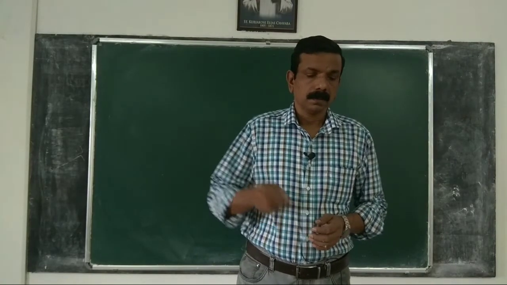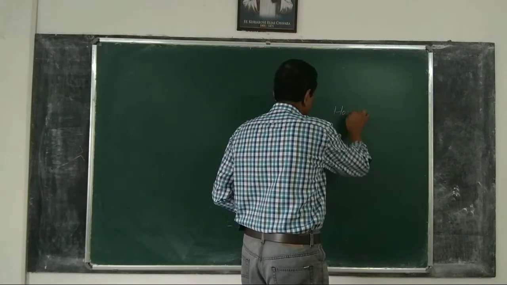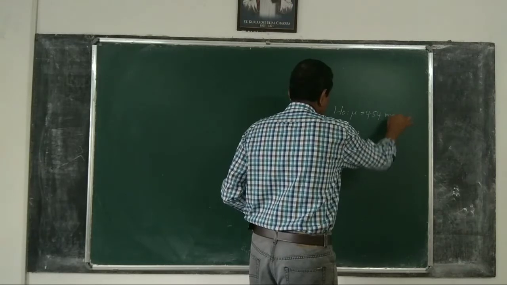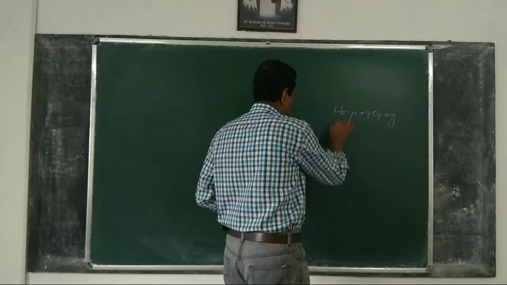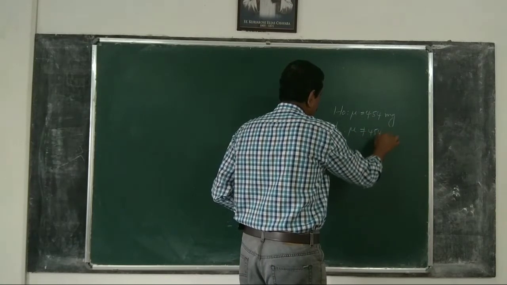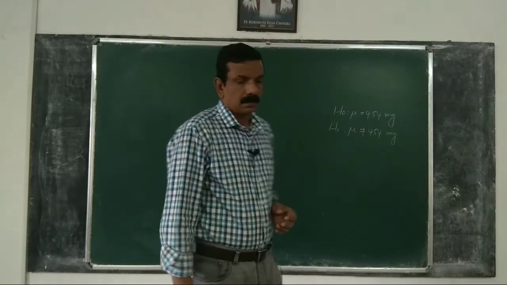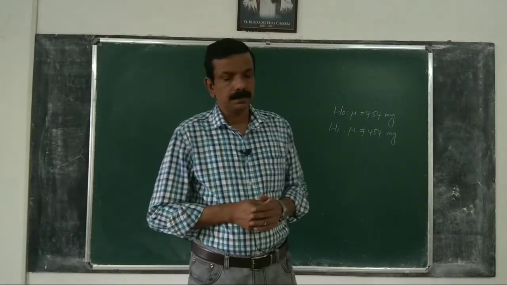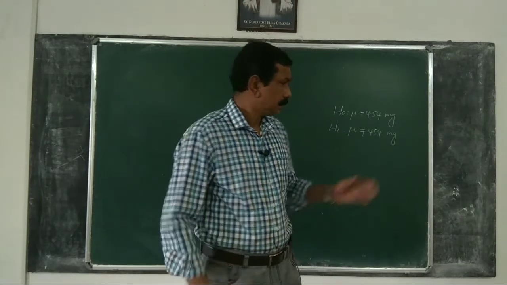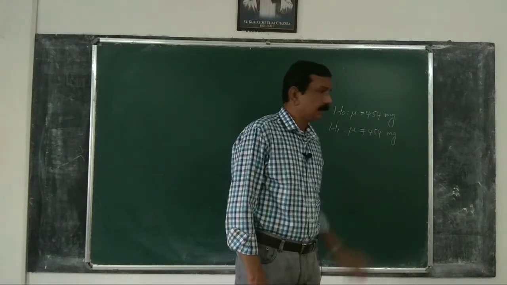Now, remember that our H0 was mu is equal to 454 mg. Our H1 was mu is not equal to 454 mg. So, this is our null hypothesis and this is our alternative hypothesis.